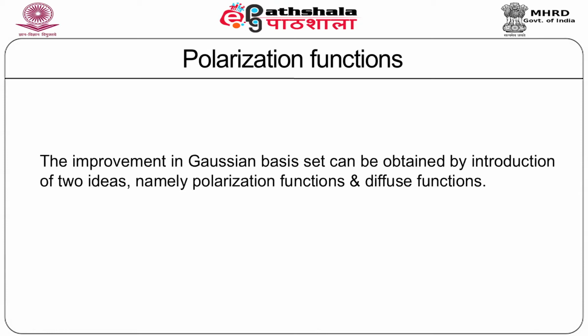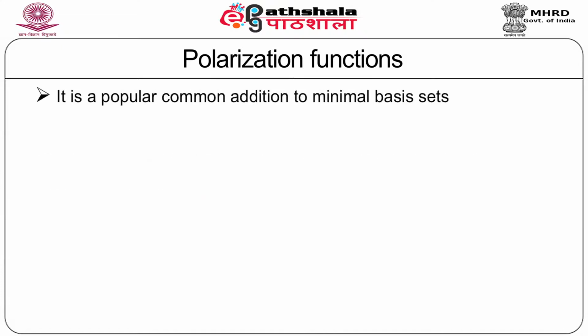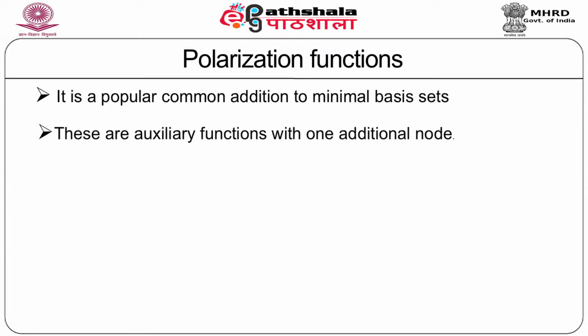The improvement in Gaussian basis sets can be obtained by introducing two very popular ideas, namely the introduction of polarization functions and diffuse functions. Let us first discuss the polarization function. It is a very popular, common addition to minimal basis sets. These functions are auxiliary functions with one additional node.